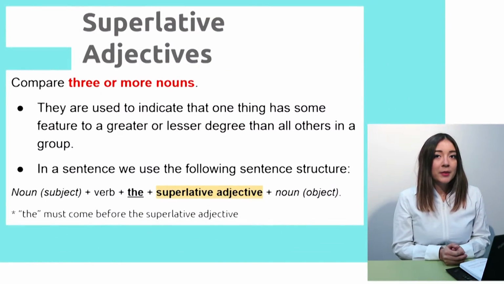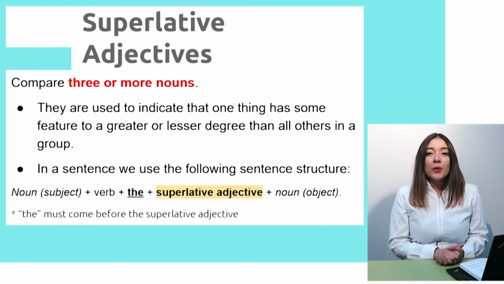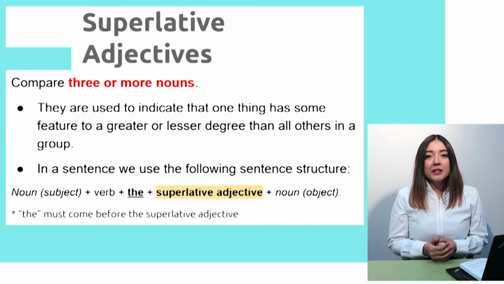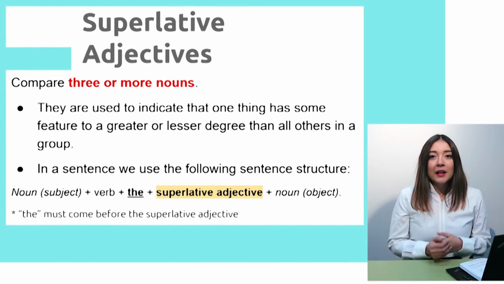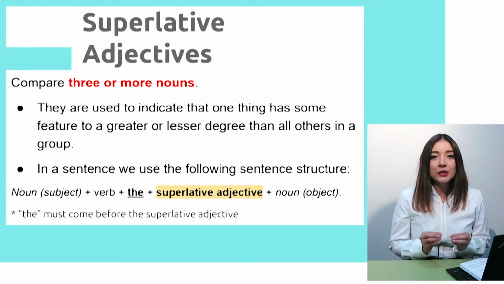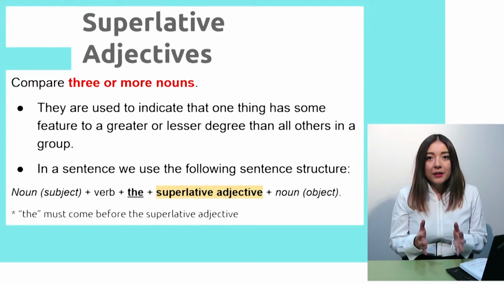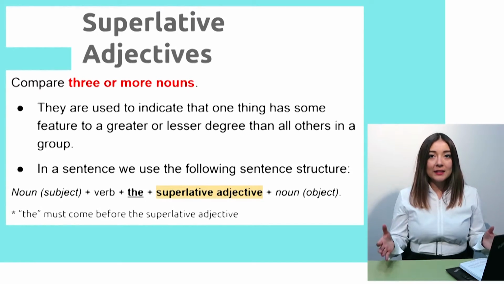When looking at superlative adjectives, we are looking to compare two or more nouns. We use superlative adjectives to distinguish and characterize something as having a unique feature or quality amongst a group of other things of the same class.